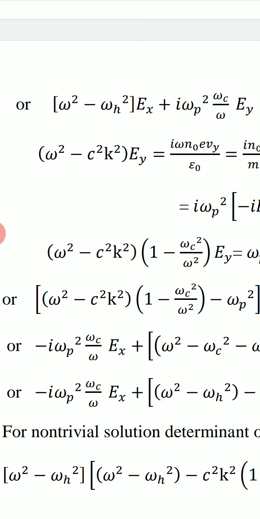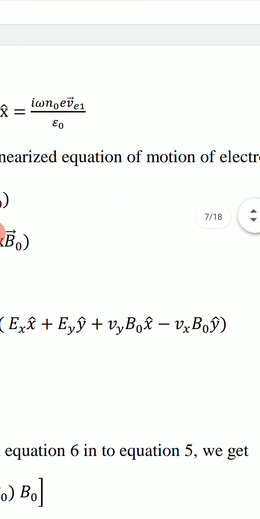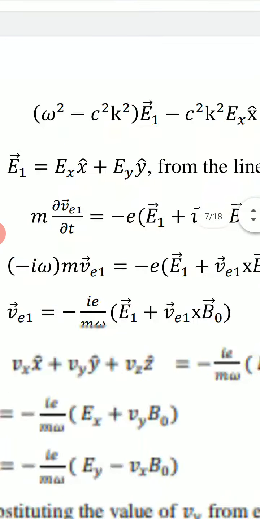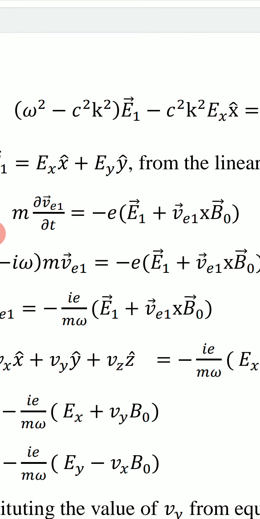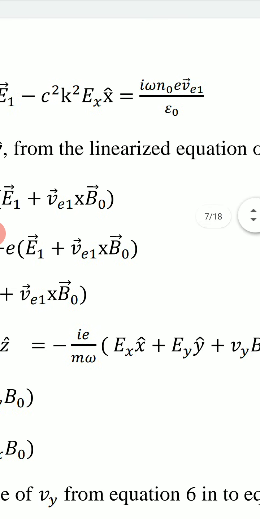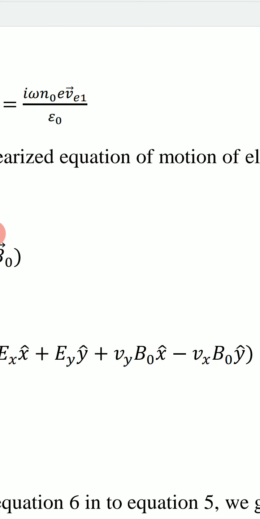If we use the y component of equation 4, we have omega square minus c square k square into Ey, since the y component of the E1 vector is Ey, and it will be equal to i omega n0 e upon epsilon 0 into Vx. The y component of the V1 vector is Vy.